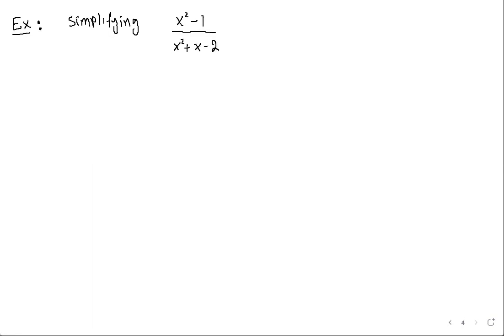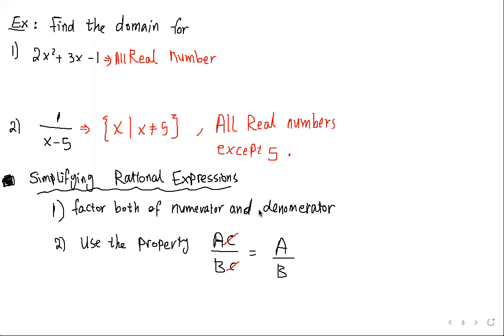Who will do that? How can we simplify this expression? First step, going back here, I have to factor both the numerator and denominator. Second step, I use this property.